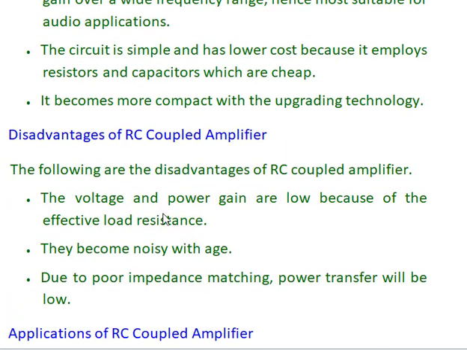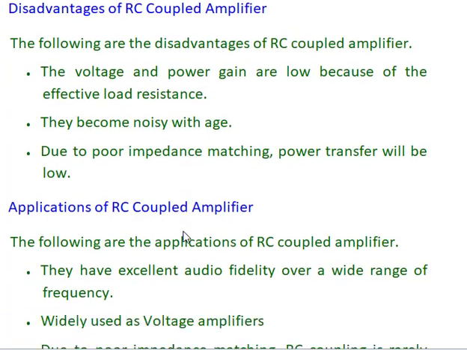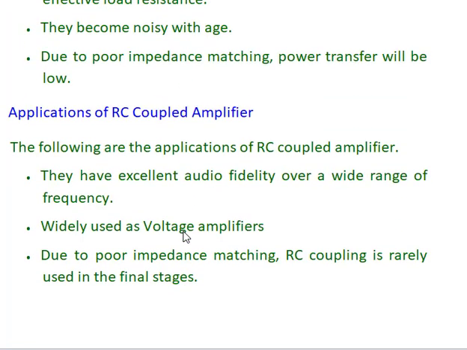This RC coupler also has some disadvantages. The voltage and power gain are low with some load resistance, it gives some noise, and it has poor impedance matching. It has some applications.